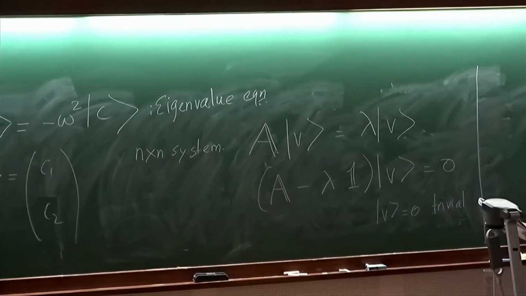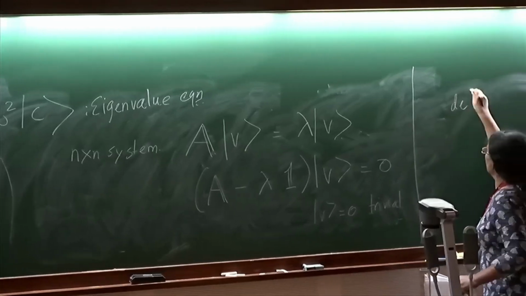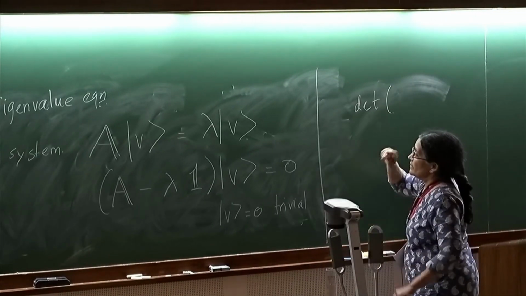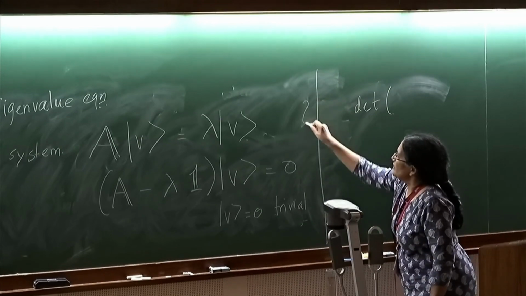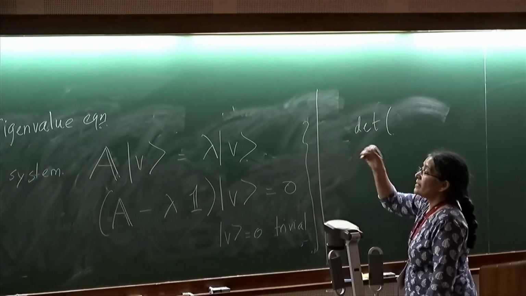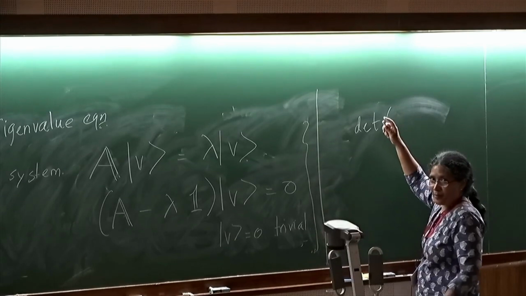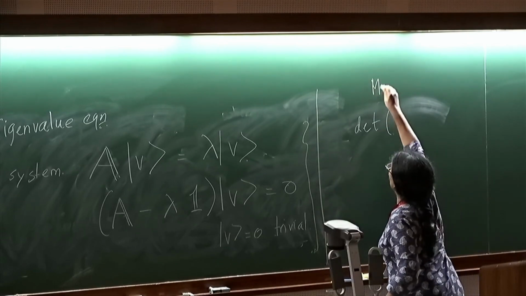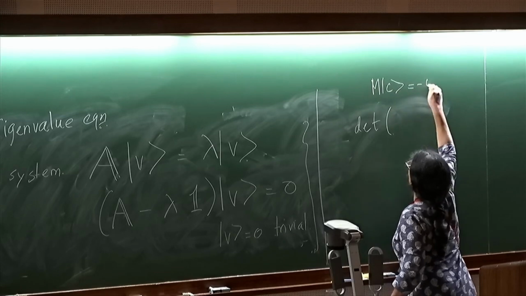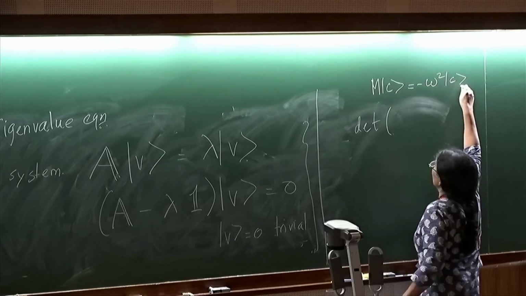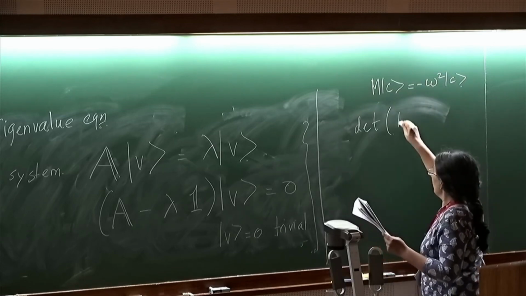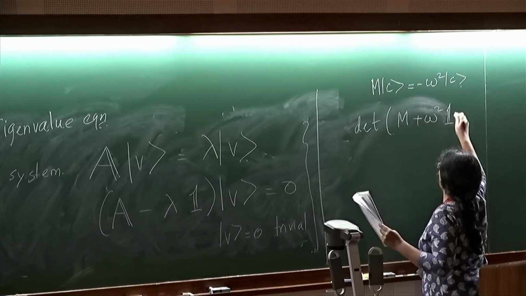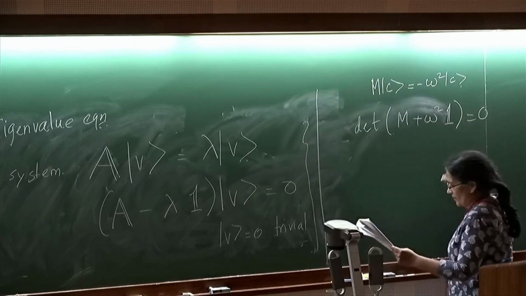Yeah, you demand that the determinant vanish. Now let's leave this aside, although I was generalizing, and go back to our problem. In our problem, the corresponding thing is M C equals minus omega square C. Then the non-trivial solution corresponds to what they call the secular determinant being 0.